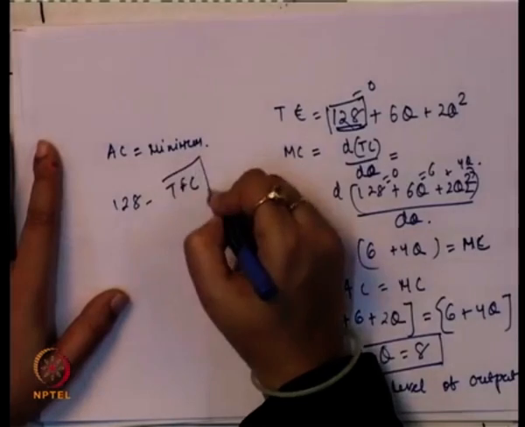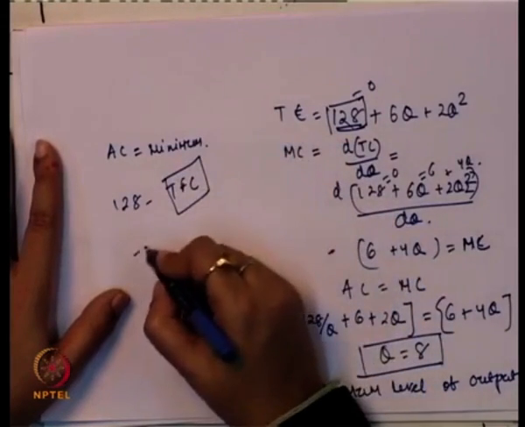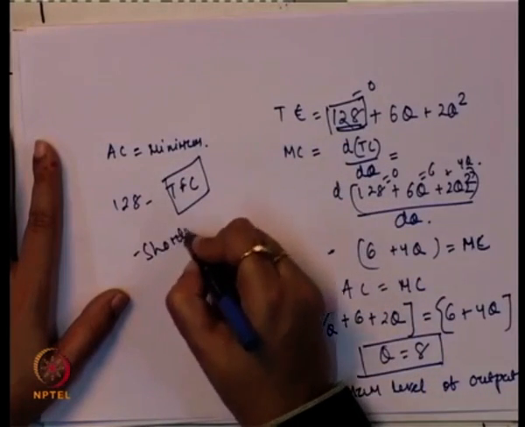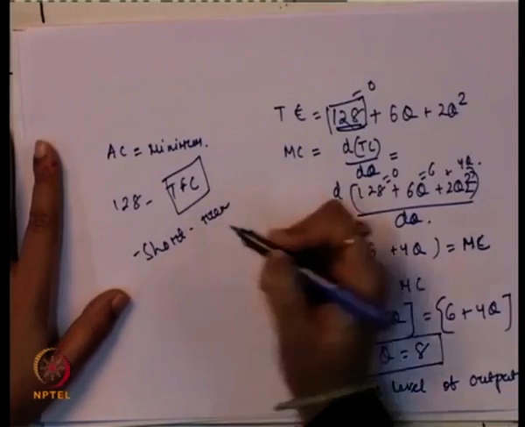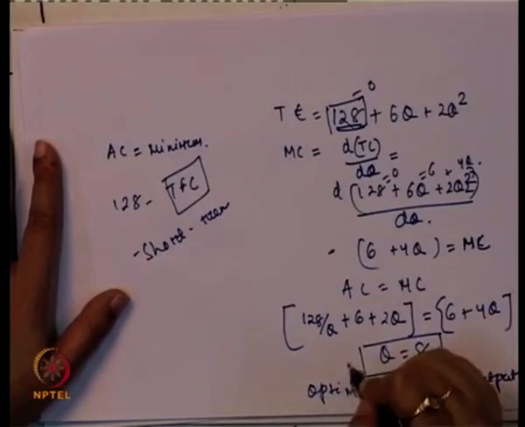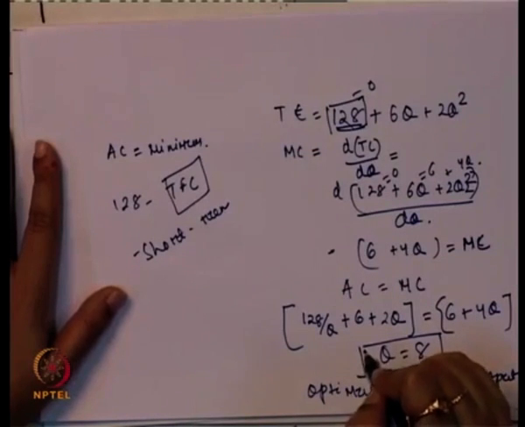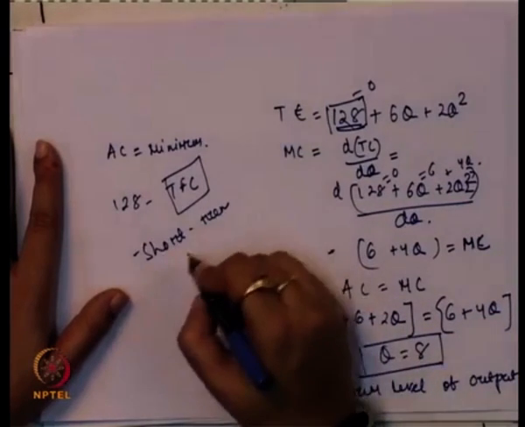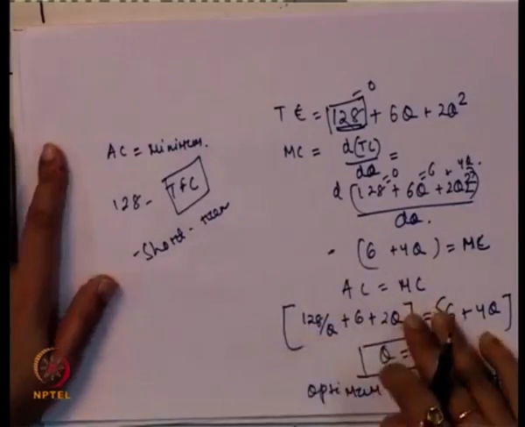So, since it is a case of total fixed cost, this is a short run analysis. In short run cost analysis, 8 is the level of output where the average cost is minimum.